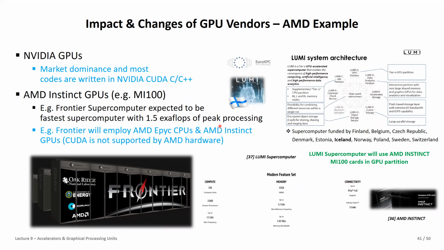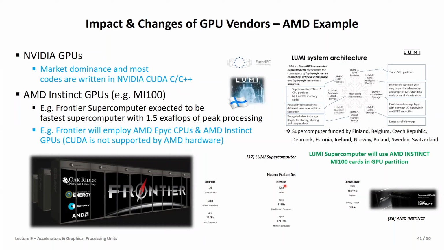And then in further orders of scale, you will see the Frontier supercomputer, which should maybe be the first exascale system we really see, though there's still a question mark about this, with maybe 1.5 exaflops of peak processing. It should use not only AMD EPYC host CPUs, but also the AMD Instinct GPUs. And of course, CUDA is not really supported by the AMD hardware, and you will see also why in the video later.